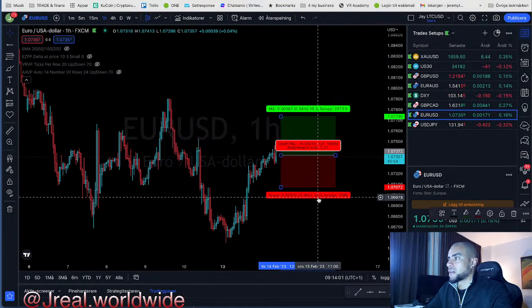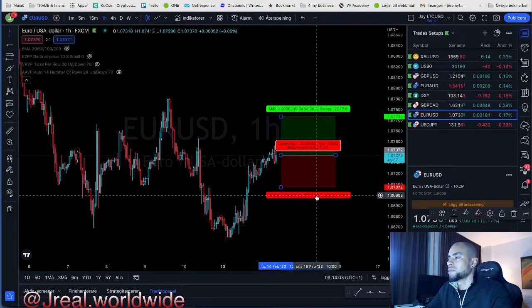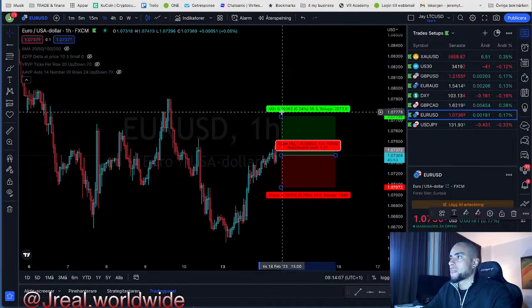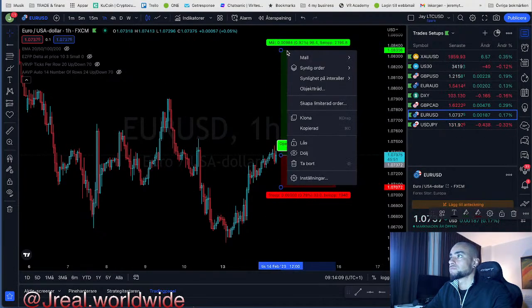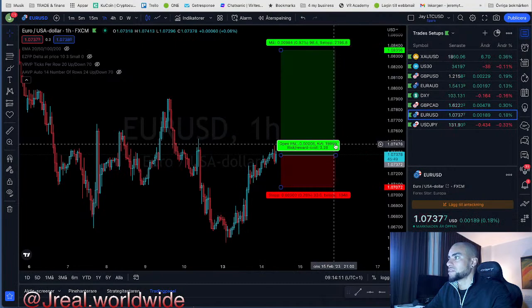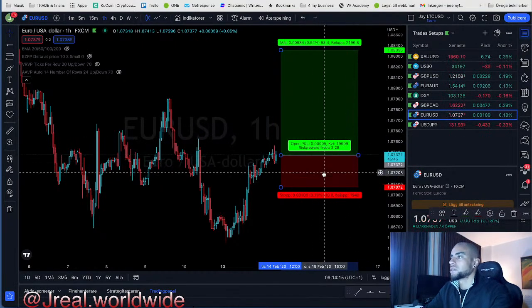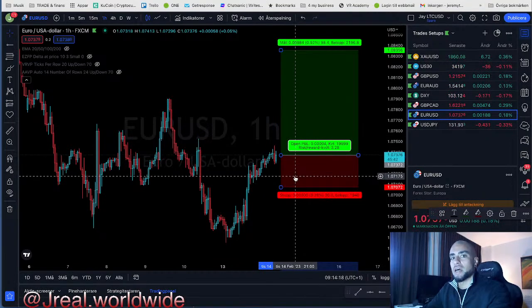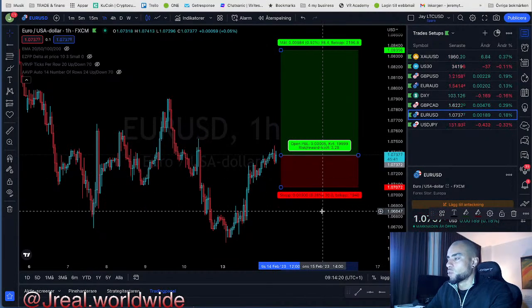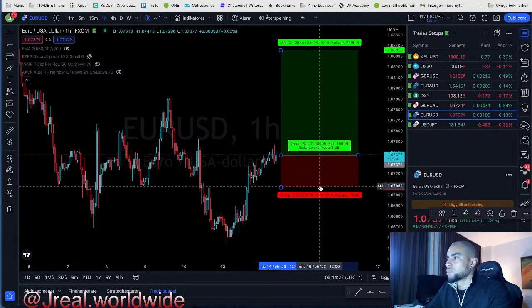How do I know that? I look at the number here. You see this number here? So I know that this stop loss is 30 pips down. Take profit can be whatever. It doesn't matter in this case because we're looking at the risk. And the risk is your stop loss. It's how much you're willing to risk per trade. Risk management is how much you're willing to risk per trade.